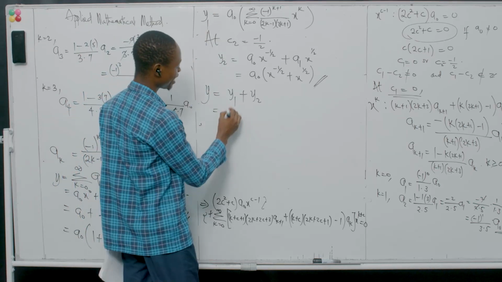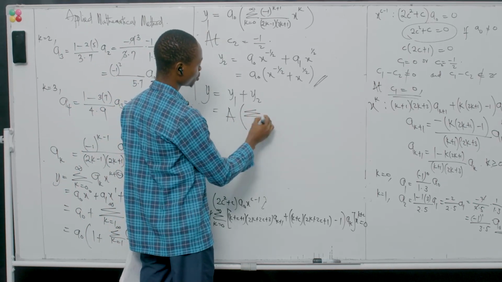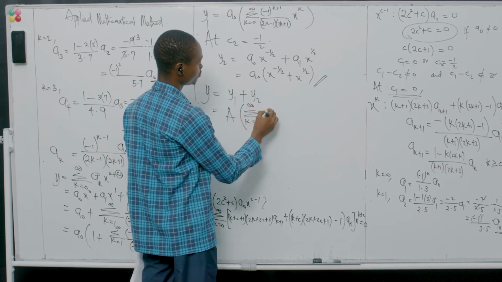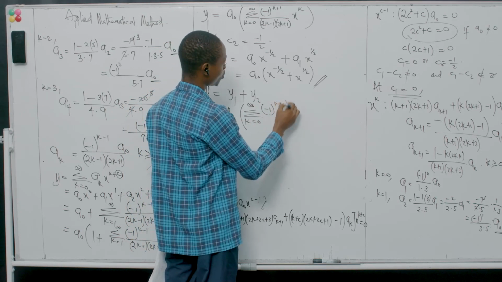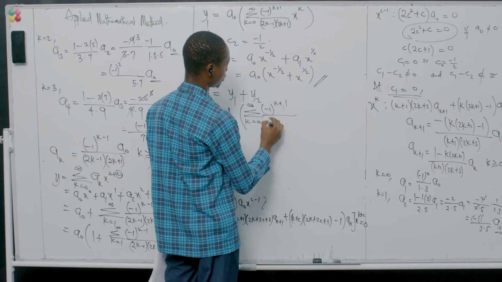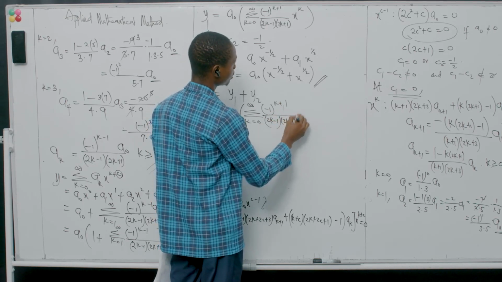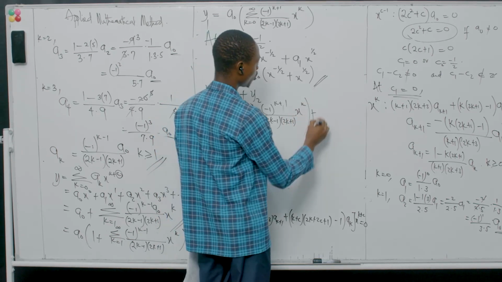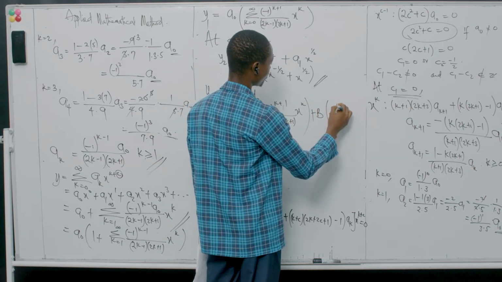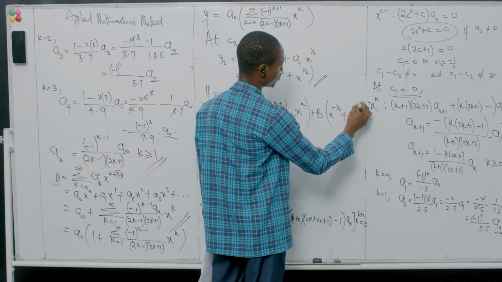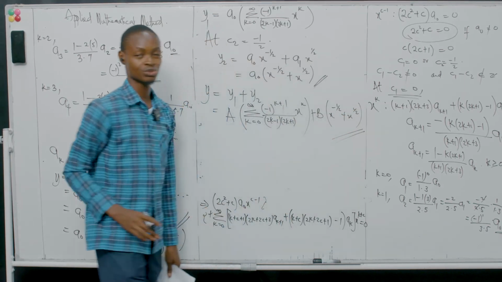So that will now be A into summation k starting from 0 to infinity, minus 1 raised to power k plus 1 divided by 2k minus 1, 2k plus 1, x raised to power k, plus b times x raised to power minus half plus x raised to power half. And this will now be our final result.